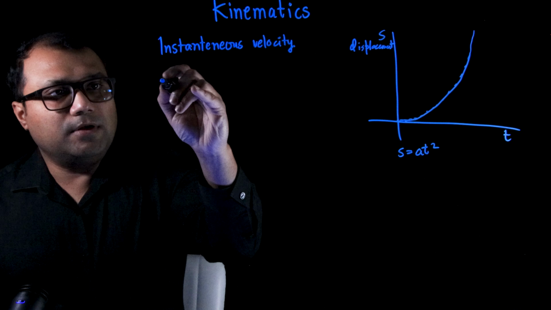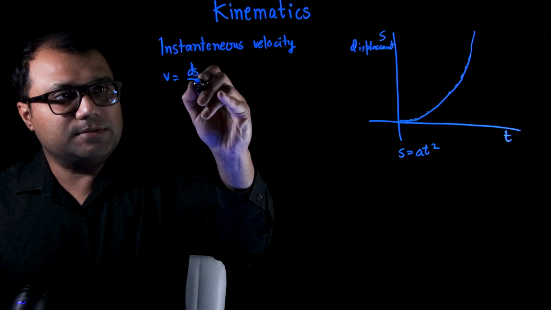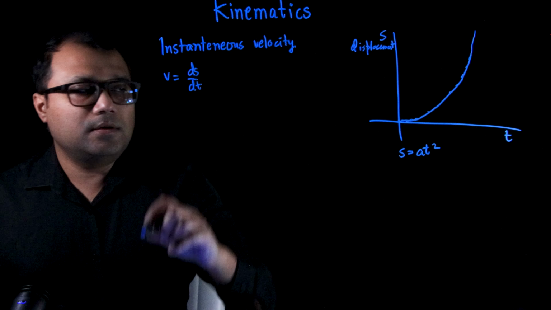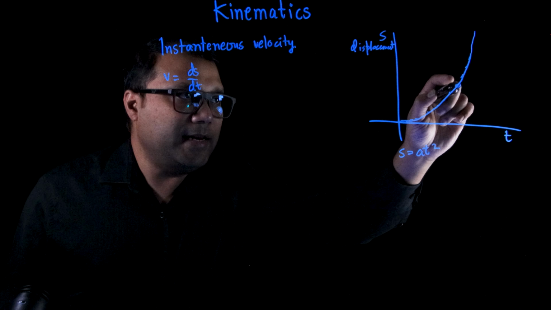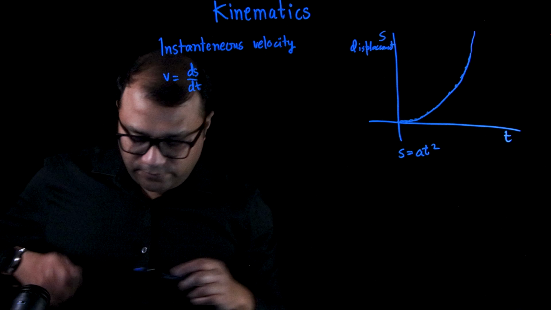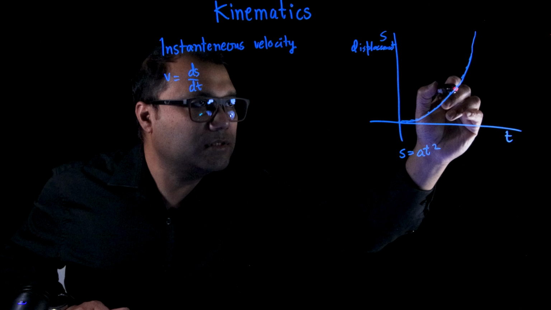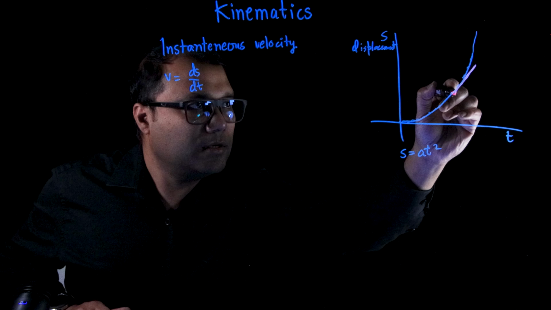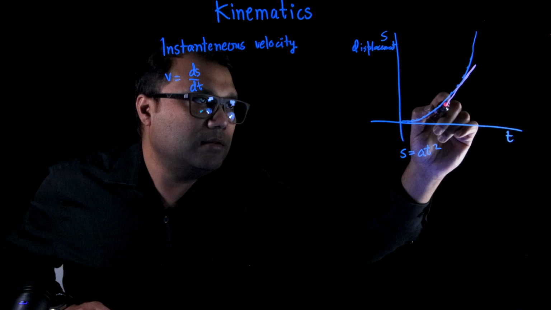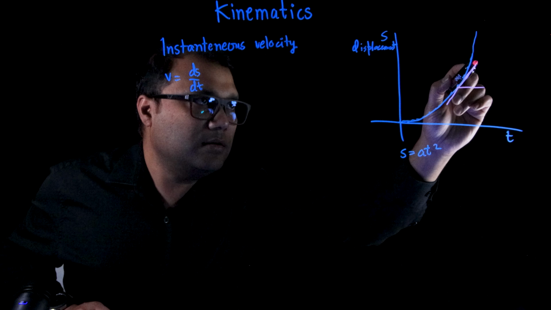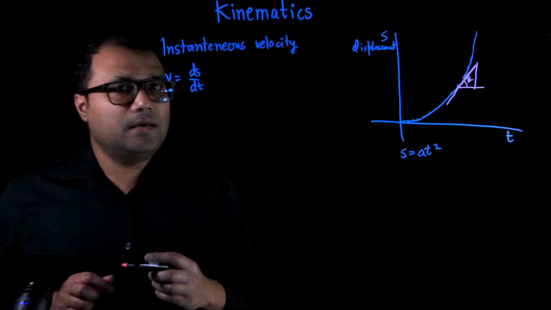Now instantaneous velocity v is defined as the rate of change of displacement. So if we take a tangent at any point on this graph, let's say at this point, then the angle that it makes is theta.